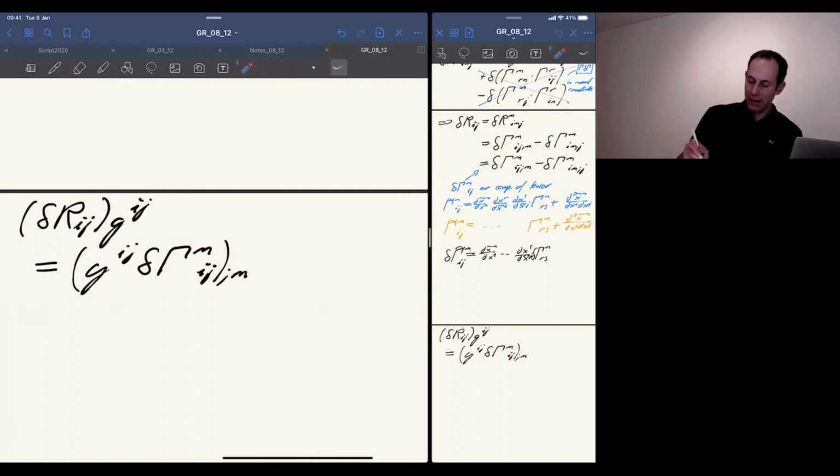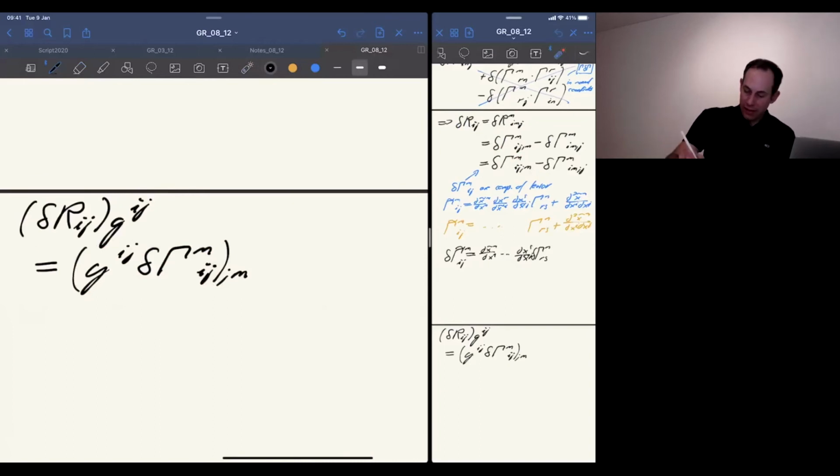Therefore, I can just take the covariant derivative of the whole product, rather than only this part. This would not be true if we had only a comma. This is why we require the covariant derivative, because the partial derivative of the metric may be non-trivial, but the covariant derivative of the metric is always zero.